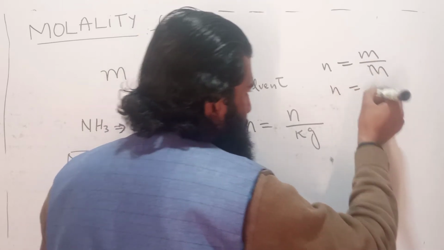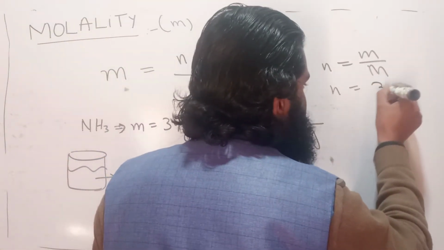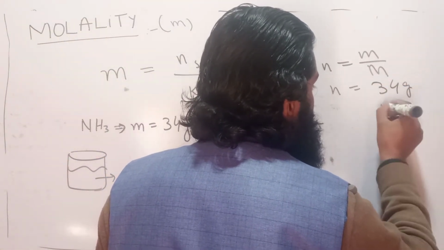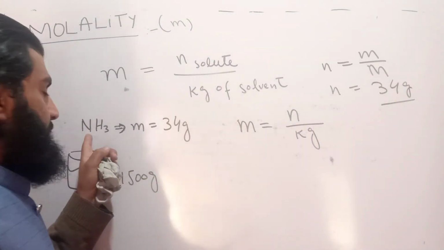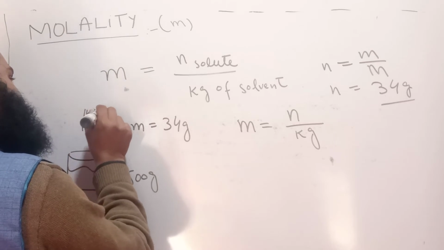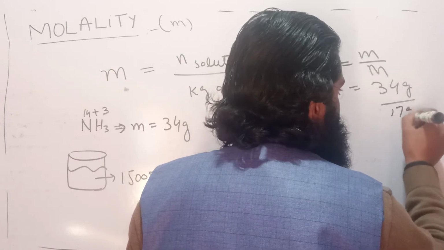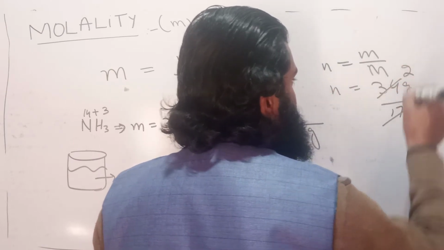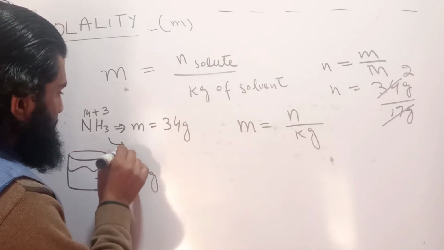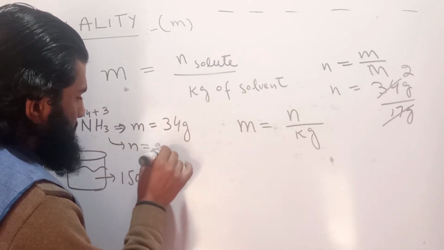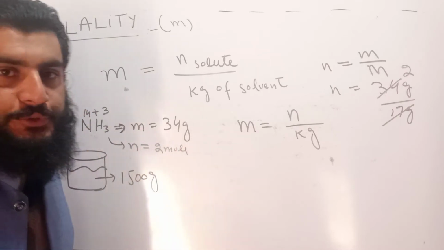The mass of solute is 34 gram, while the molar mass of this solute is 14 plus 3, which is 17 gram. So 34 divided by 17 is 2. Number of moles of NH3 is 2 moles. It means 34 gram NH3 is equal to 2 moles.